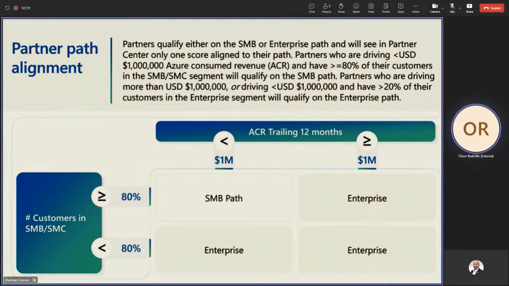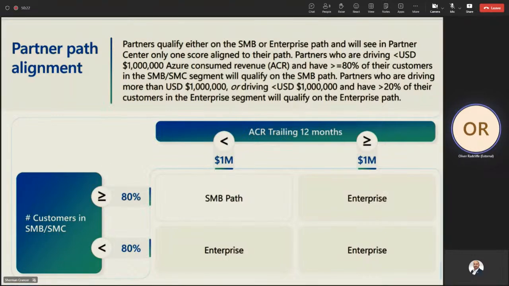Exactly. Is there a difference in partner benefits or the Azure Migrate and Modernize projects that you can do if you're using the SMB path? So the SMB path, is that the same Azure infrastructure designation when it comes to the things that you can do, money you can get, benefits that you can get?